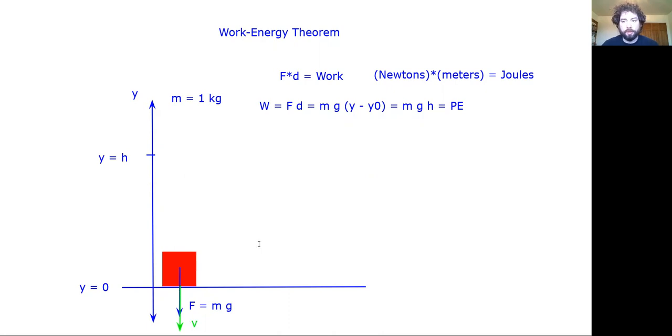Lots of times what we want to know is the velocity or the kinetic energy when it falls. Kinetic energy is easy once we know that. Kinetic energy is 1/2 mv squared, and that's an equation we're always going to want to remember. So I'm going to go ahead and write that down. We already have it here, and I'm going to write it again.